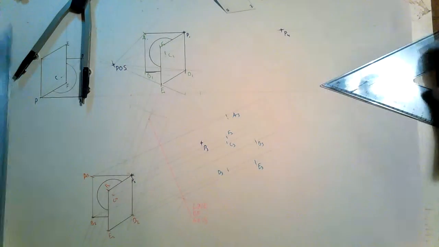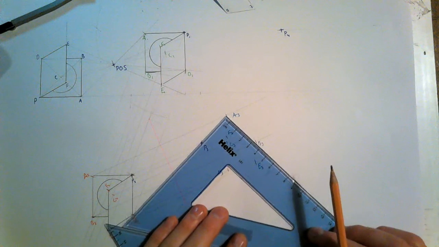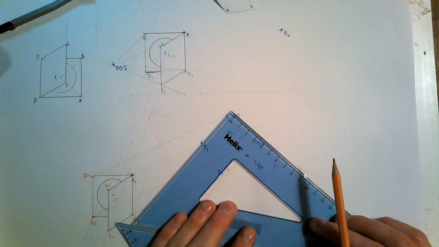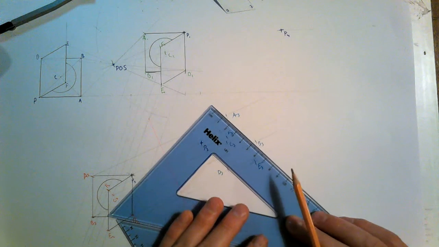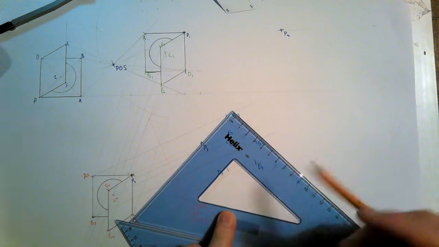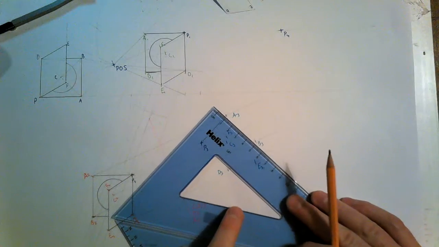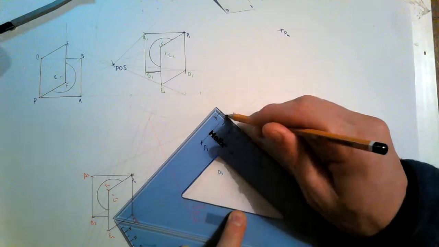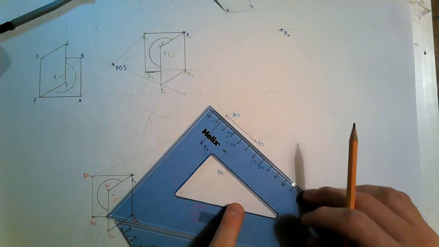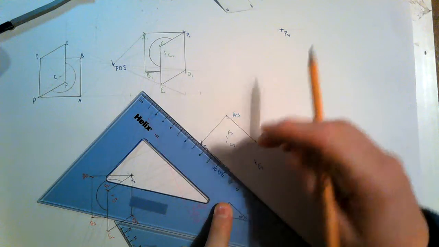Okay, so go back again, we see A goes to P. B goes to D, and A goes up to B. So we'll do that again. Okay. A goes to P. A goes up to B. P goes to D. Okay.